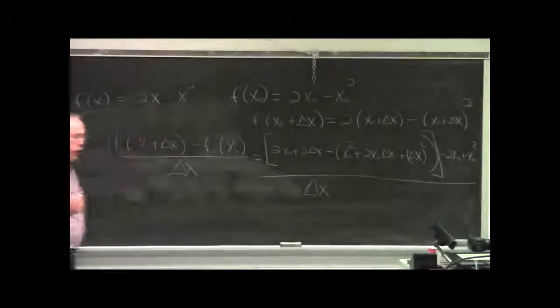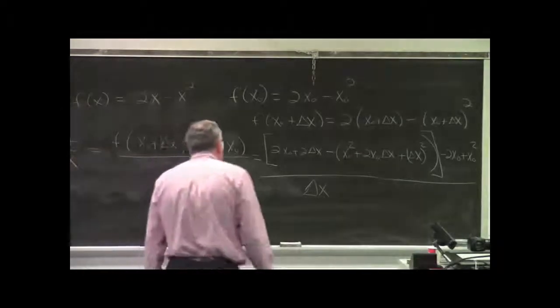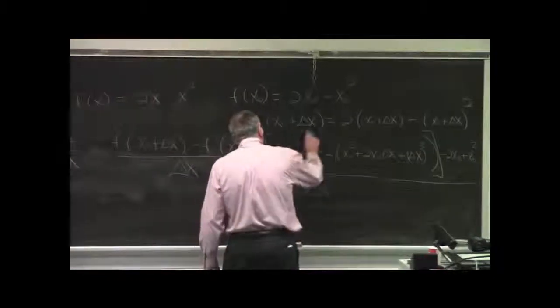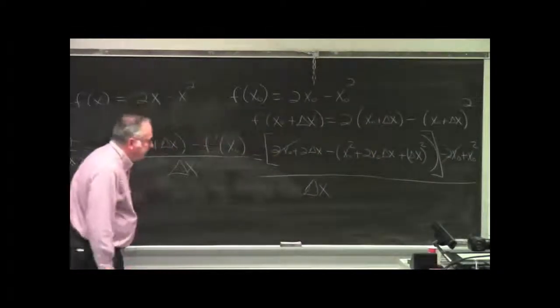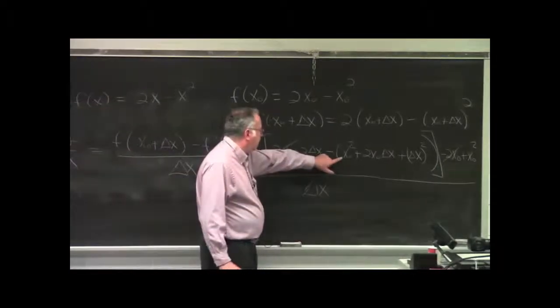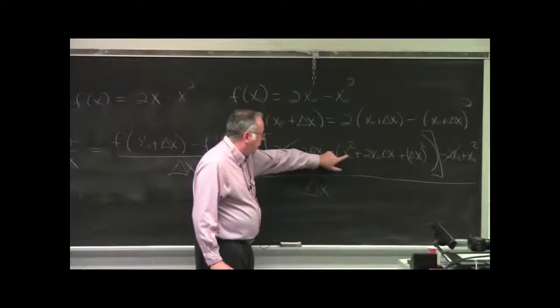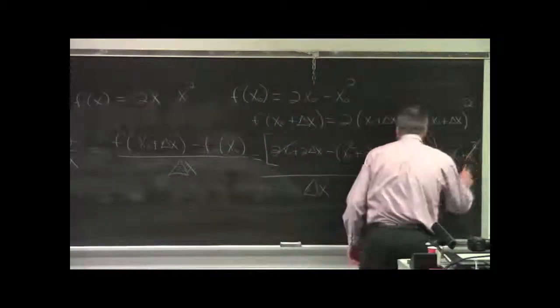Okay, are you with me? So what does this numerator become? Notice we have a 2x sub 0 here and minus 2x sub 0 there. Those cancel. Notice we have a minus x0 squared here and plus x0 squared here. So those cancel.